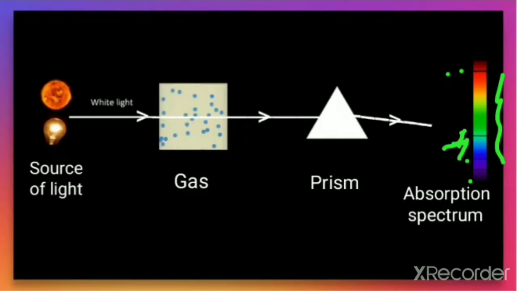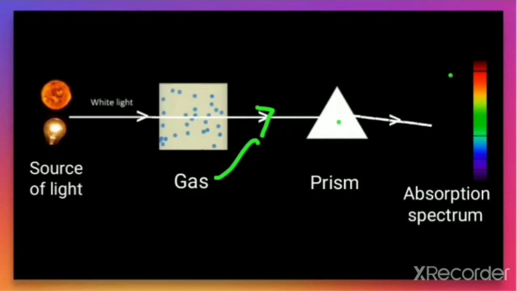Once again, we will discuss this. When light is made to pass through a gas, the light we get after passing through the gas is called transmitted light. When it is made to pass through a prism, it gives a spectrum.